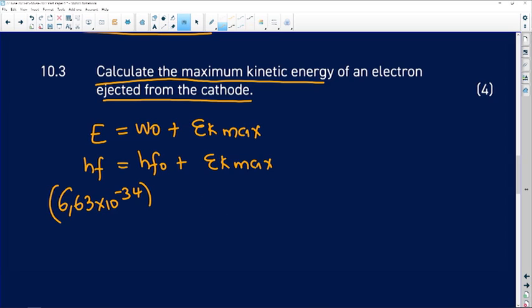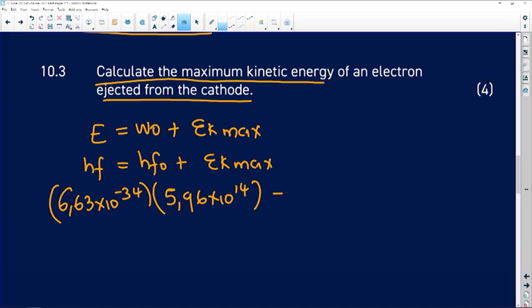Let's rectify it. The frequency that I have, not the threshold frequency, is 5,96 times 10 to the power 14.